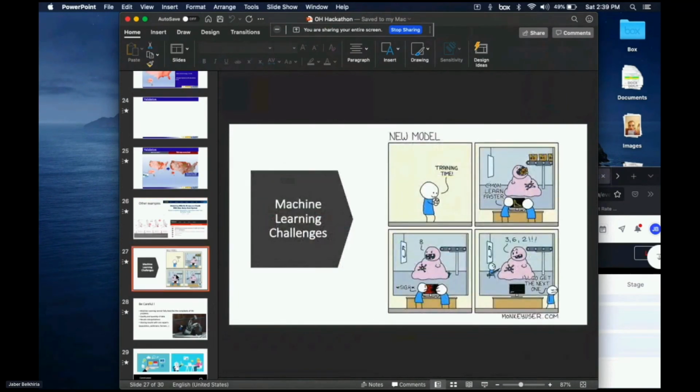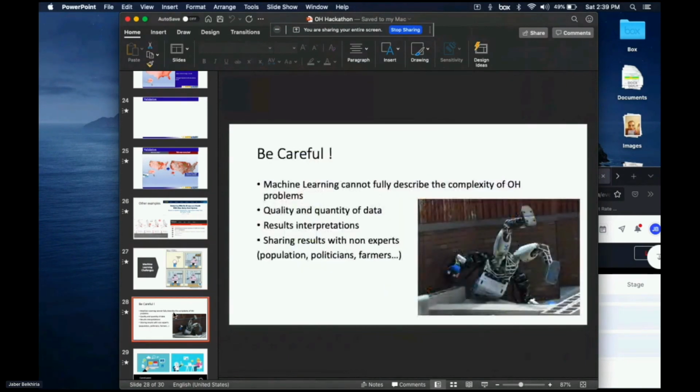Now, the machine learning challenges is that the machine is really a beast that we are trying to feed data, to teach, to learn, and sometimes the machine won't learn properly and would spit out a lot of mistakes and a lot of errors. So we have to be really, really careful on how we make an interpretation of the results from a machine.